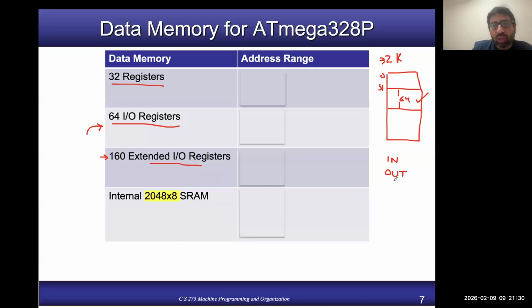But you can use in and out instructions only with the registers in the IO register range. The registers in the next 160 locations are also related to input or output operations, but you cannot use in and out instructions on these registers. And the next 2048 locations are for static RAM, so it is for holding data.